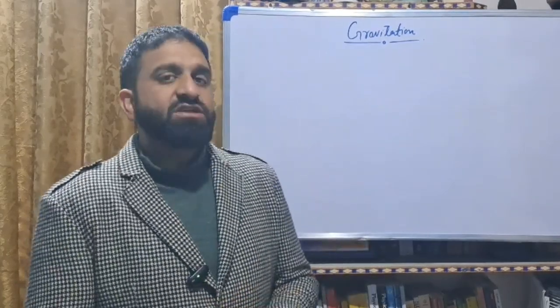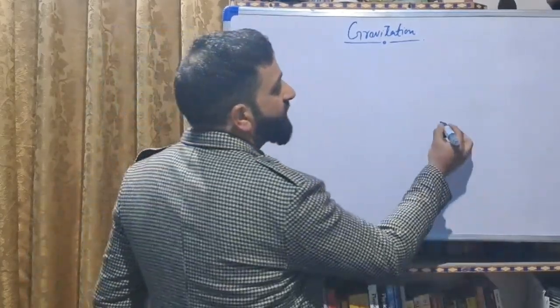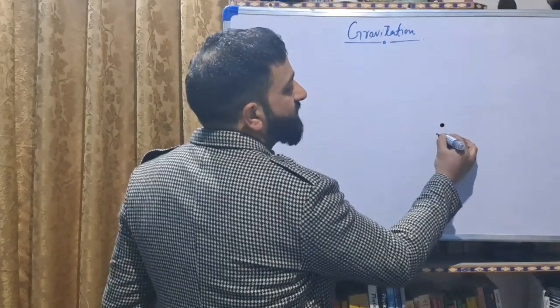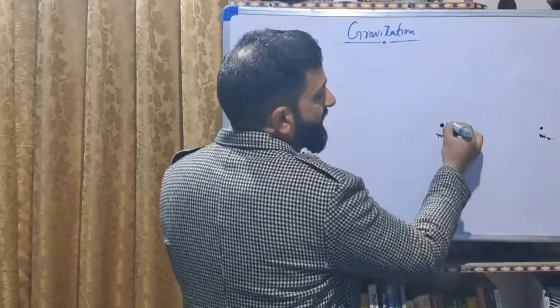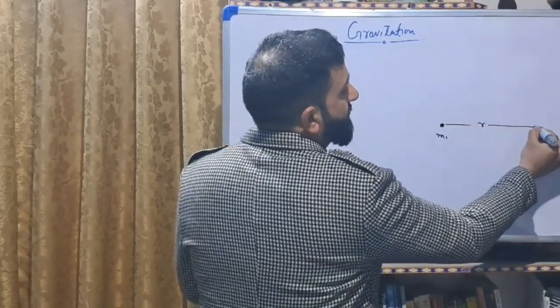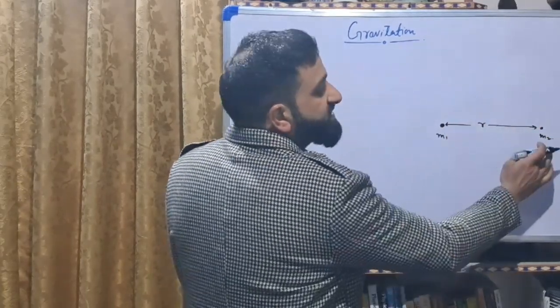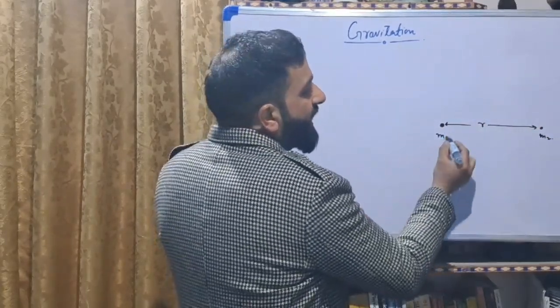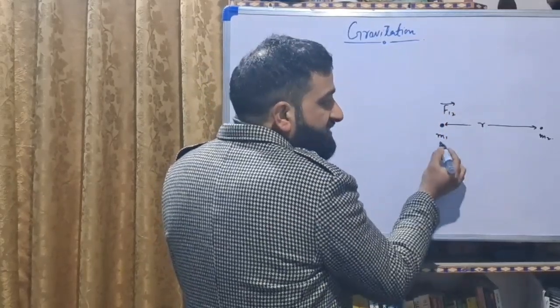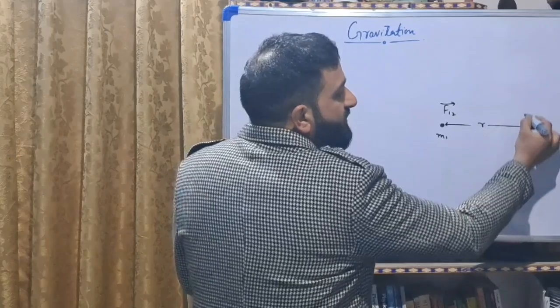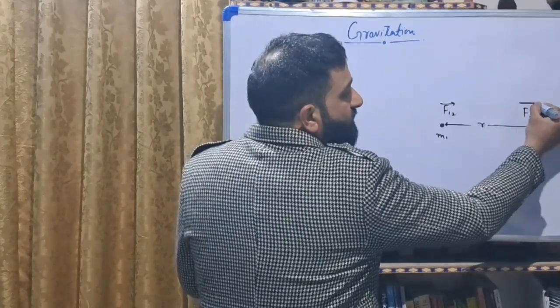Now, the universal law of gravitation states that if we have two bodies, m1 and m2, placed r meters apart, the mass m2 exerts a force on m1 that is given by F12, and the mass m1 exerts a force on m2 that is given by F21.